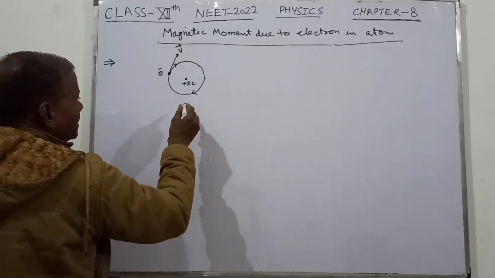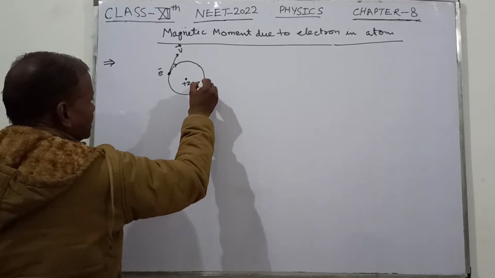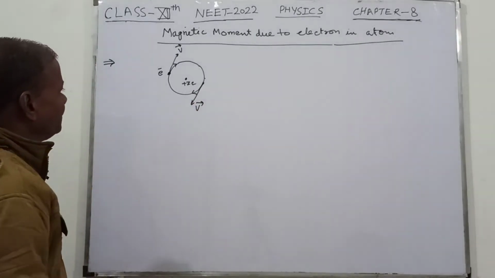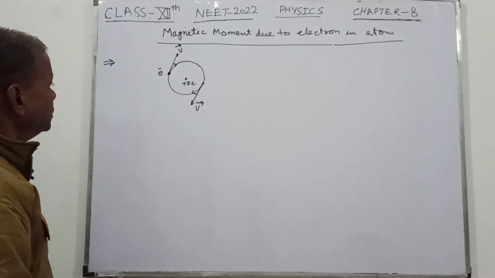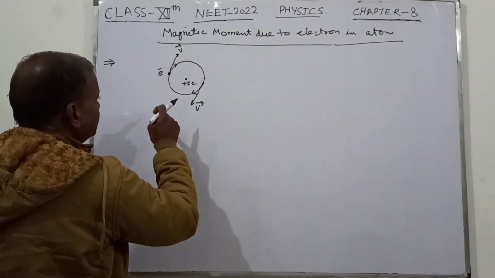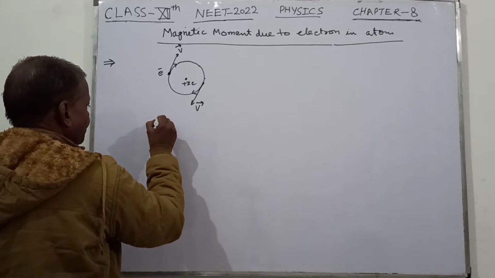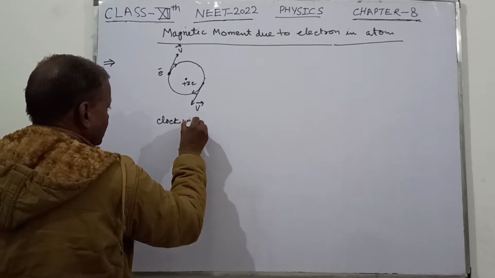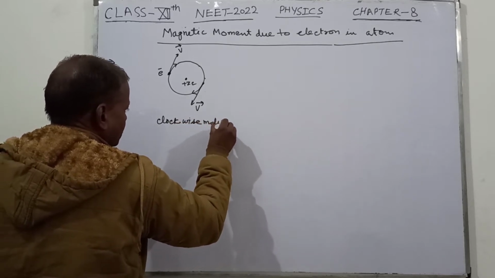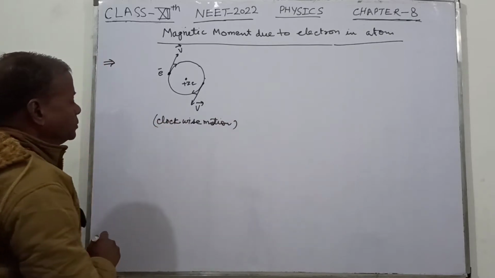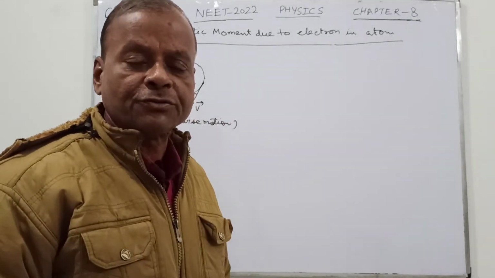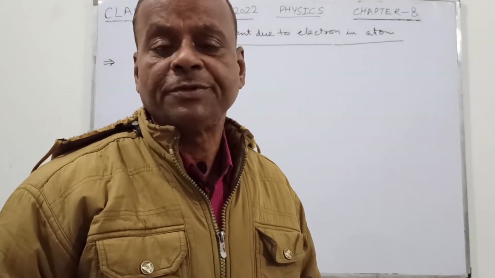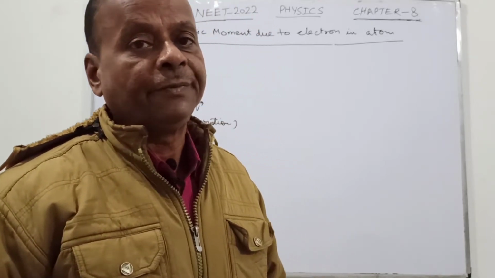This is the velocity. Similarly, here it will have the velocity in this direction. Now this is the clockwise motion of the electron. Then this electron will produce the current. Since the electron has a negative charge, the current will be in the opposite direction of its motion. So the current will be anti-clockwise.